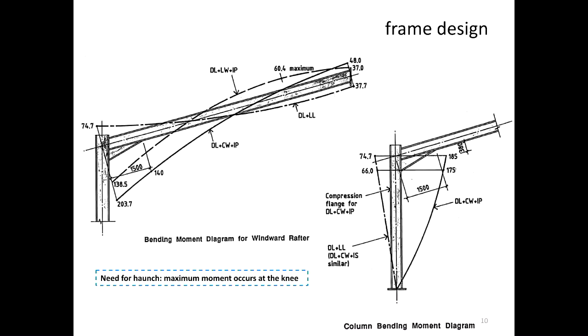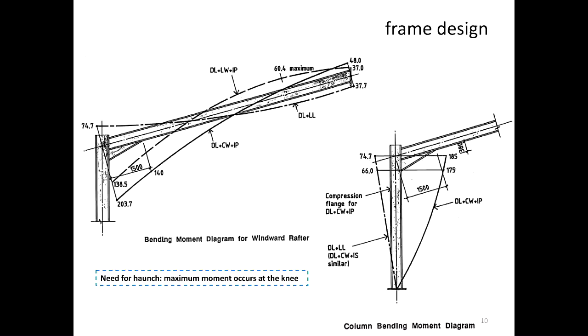I explained that yesterday, and just rehearsing that again. So generally, the moment at the knee, so that's the knee connection when you have the column and the rafter, the moment at the knee is usually high, more than the capacity of the section here. So that section capacity is very, very small.